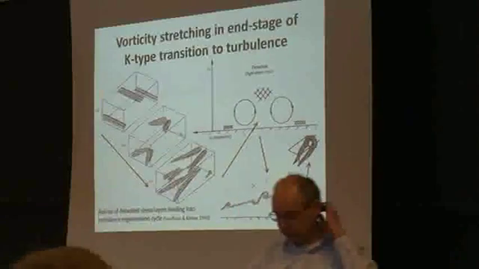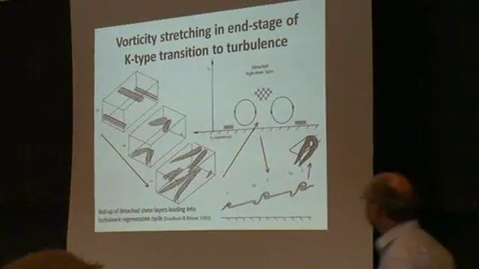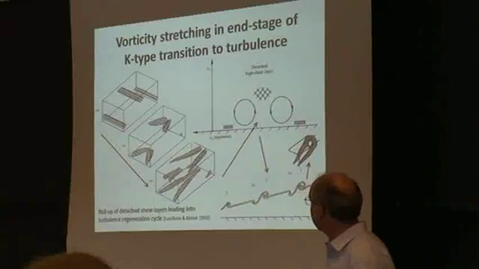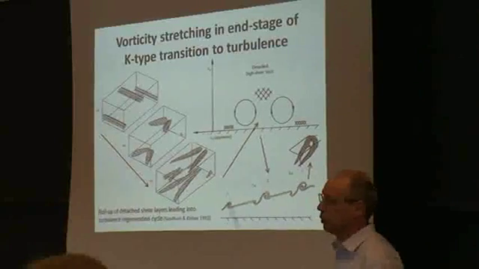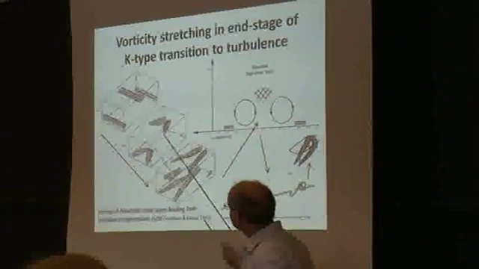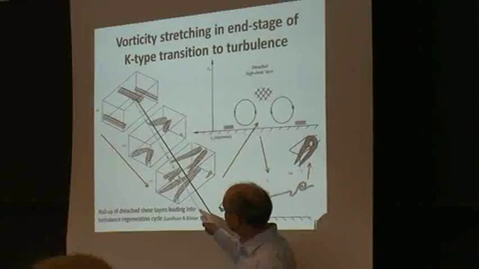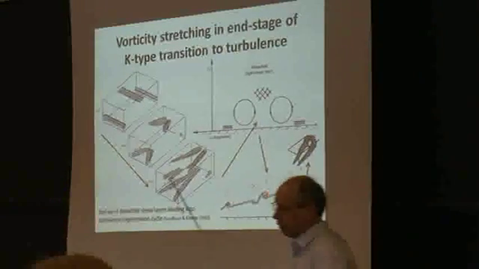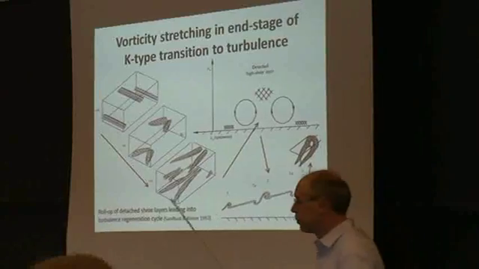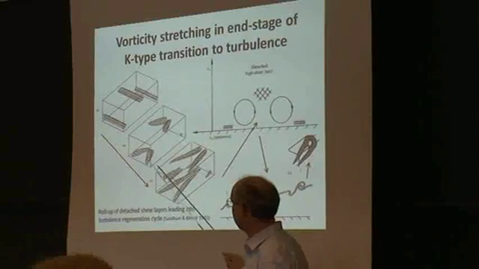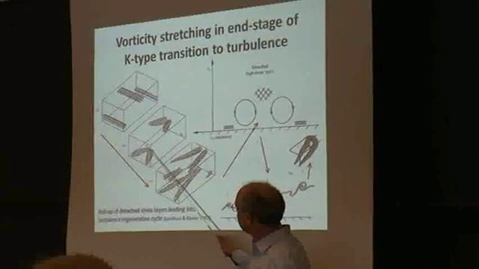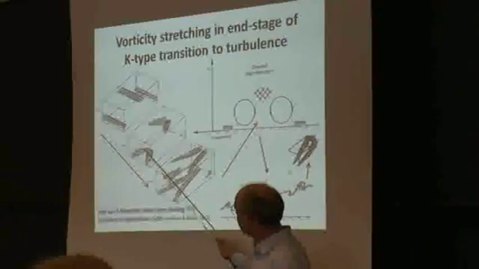Here's an old example. This is from the first simulations that went through the complete transition process, starting with Tollmien-Schlichting waves. So this is channel flow, Poiseuille flow transition. We start with TS waves, and then you add in a pair of oblique waves with equal and opposite sign. And this gives you secondary instability, which gives you lambda vortices.